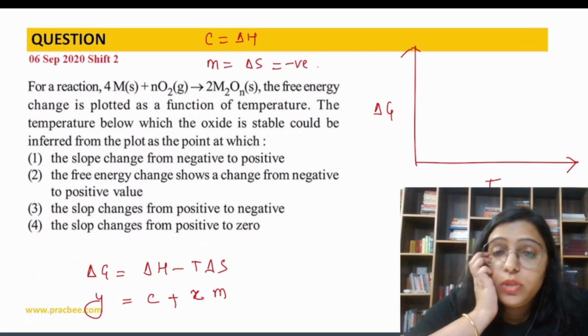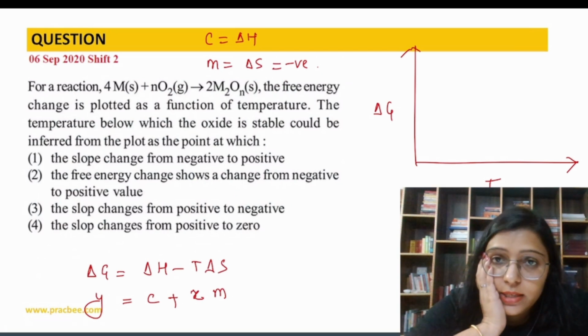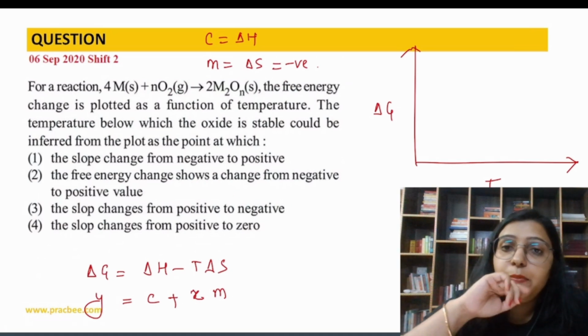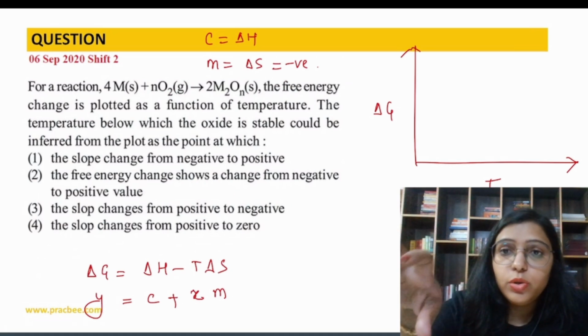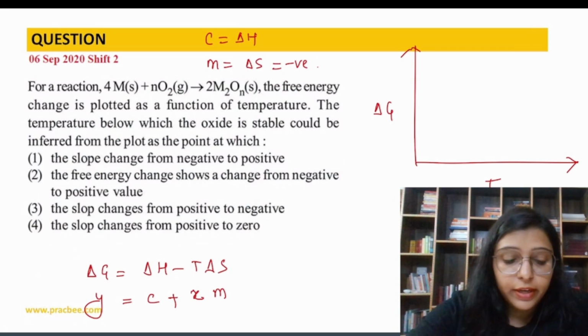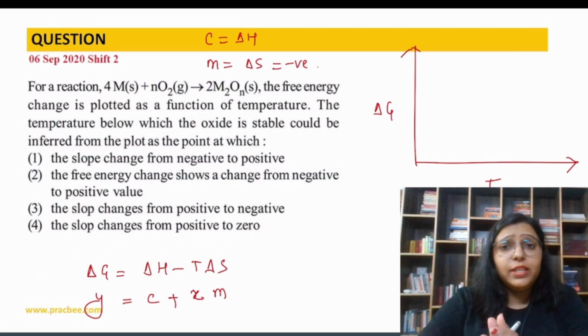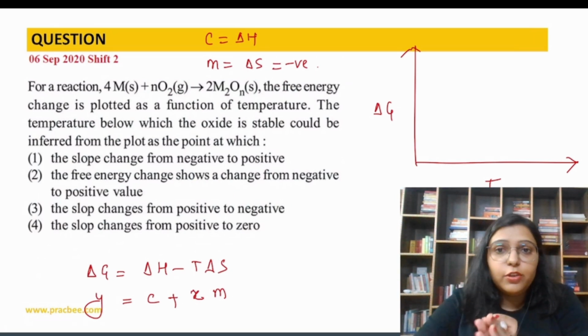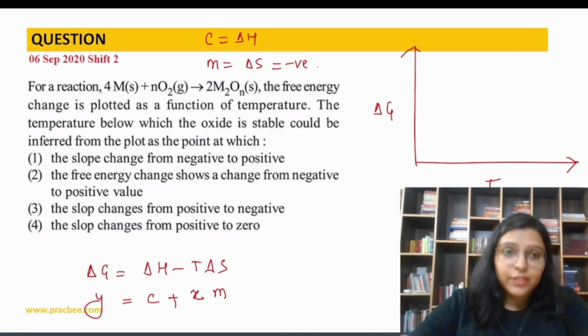Fine. So the temperature below which the oxide is stable could be inferred from the plot as the point at which. Question says temperature below which the oxide is stable. It means the oxide should be stable.